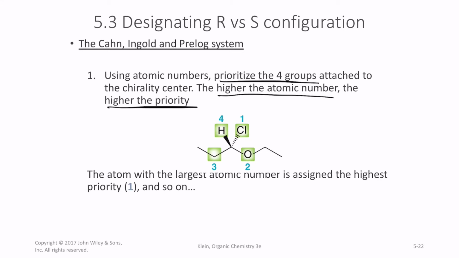In here you have the atoms chlorine, oxygen, hydrogen, and CH2. In terms of the priority, chlorine becomes 1 because this is the largest, oxygen gets the second because it's the second largest, carbon gets the third because it's the third largest, and finally you get hydrogen.